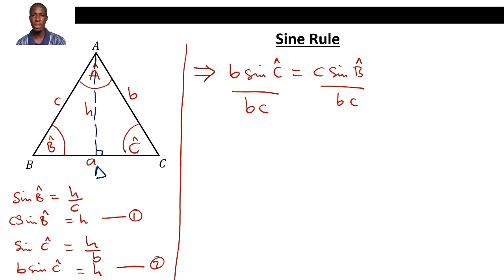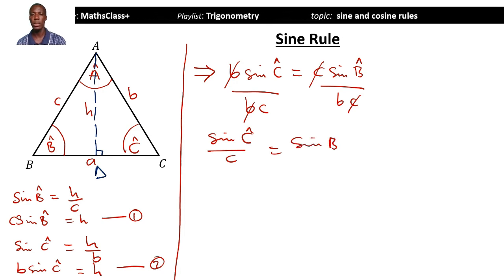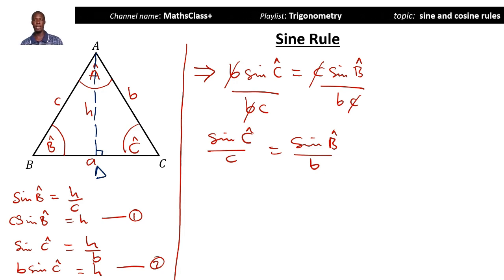And if that happens, this B here cancels the B here, and the C here also cancels the C here, giving me sine C over C is equal to sine B over B. And that is the sine rule.